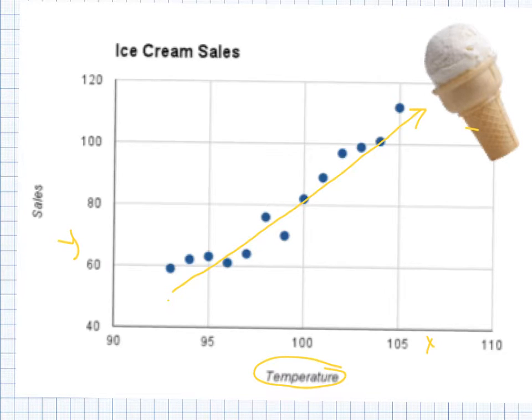Looking at this graph, I can say that the hotter it got outside, the more we sold. The highest data looks like 105, and this might be 110 sales that day. So if I'm an ice cream parlor trying to figure out when I need to stock up on extra ice cream, I would know that the warmer the temperature gets, the higher my sales get, and there's a positive correlation between temperature and sales.